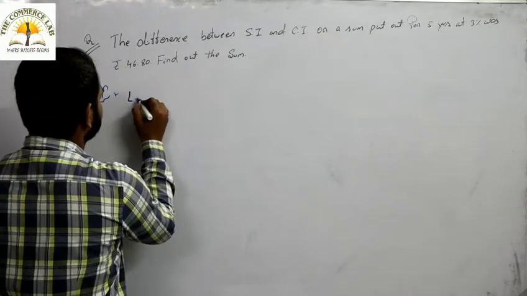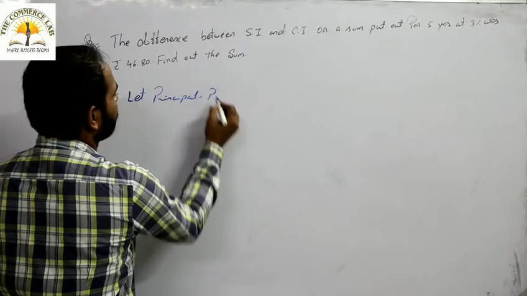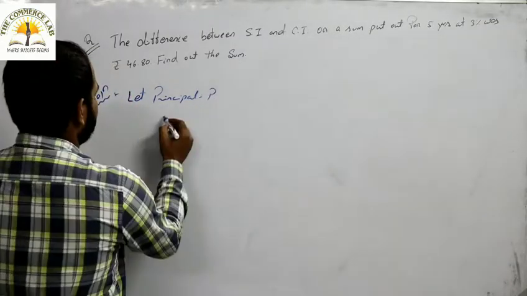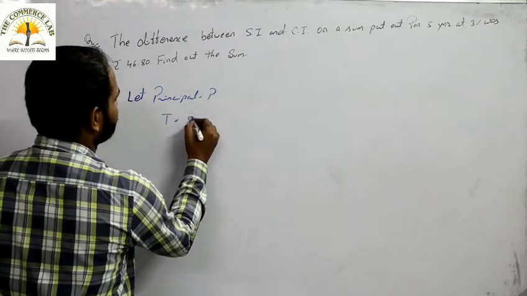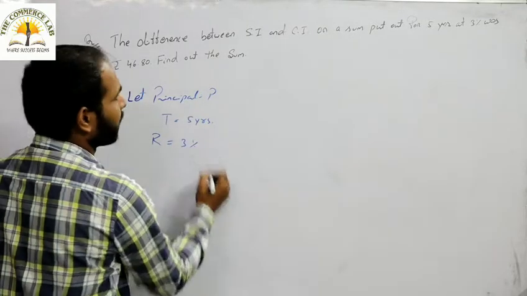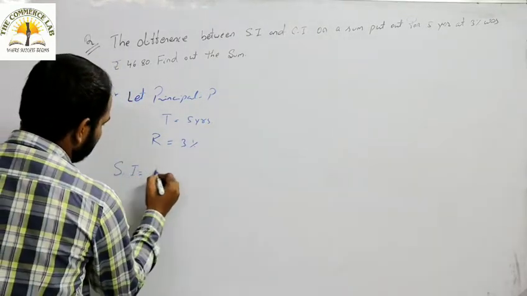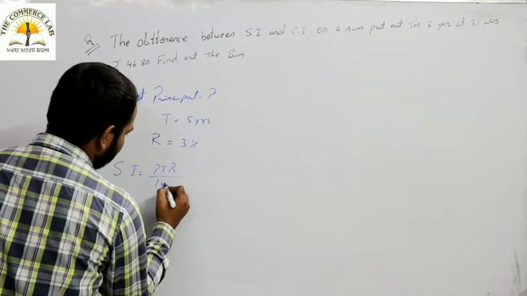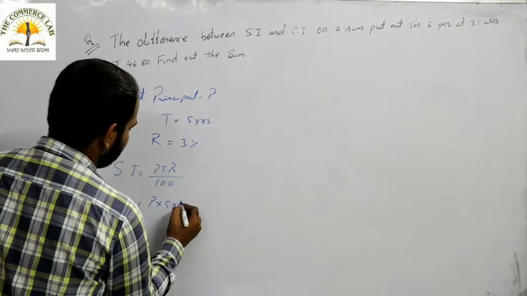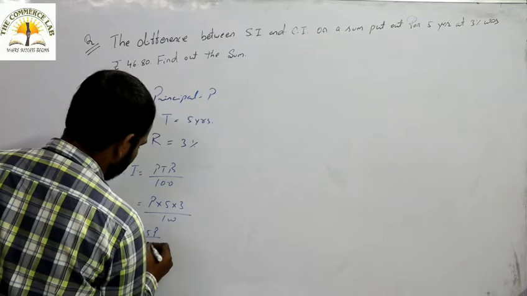So let principal equal to P, time period T equal to 5 years, rate of interest R equal to 3%. Then SI is equal to, we know the formula, PTR by 100. Here P is P, T is 5, R is 3 by 100, equal to 15P by 100.